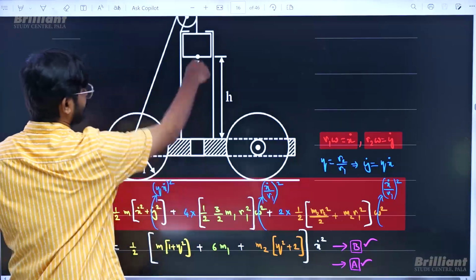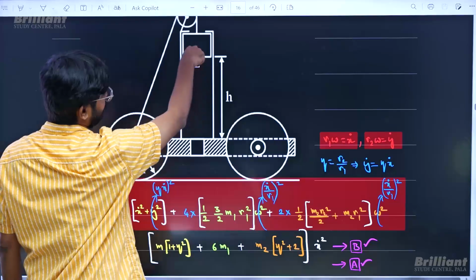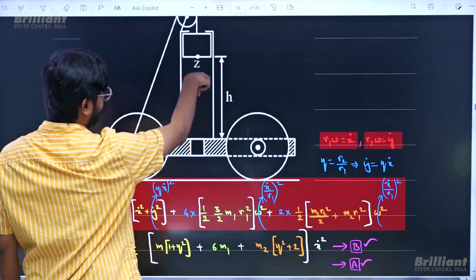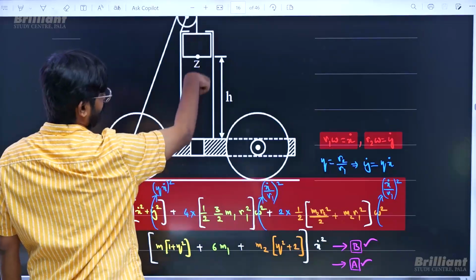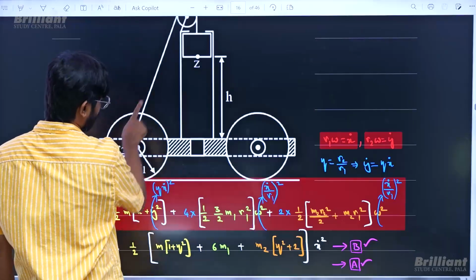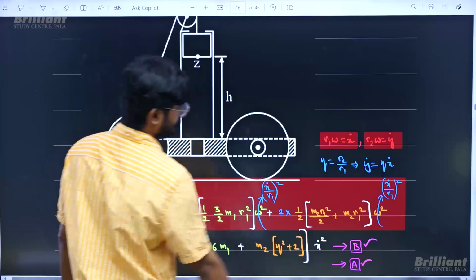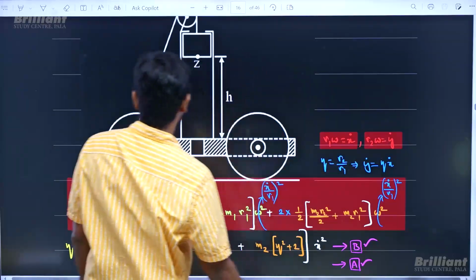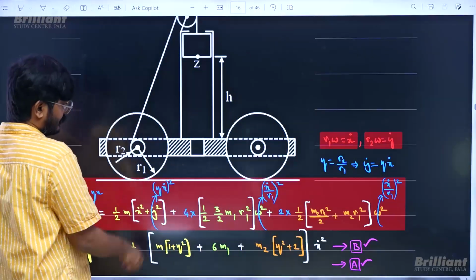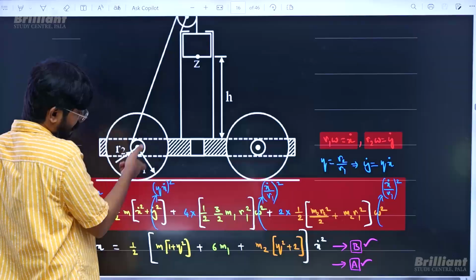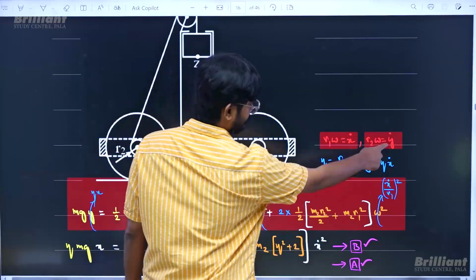But we know one thing, this guy's velocity in this direction is y dash. So along the string the velocity is y dash, so this velocity also should be y dash, that is r2 omega should be y dash. In a similar manner, this bigger one is pure rolling, so this is x dash, so r1 omega should be x dash.